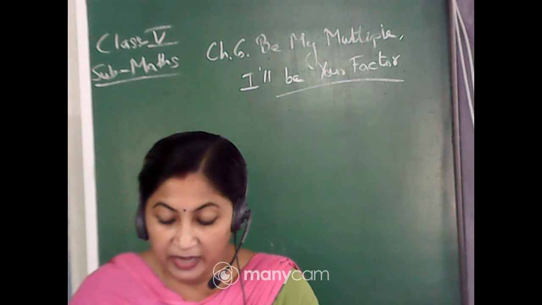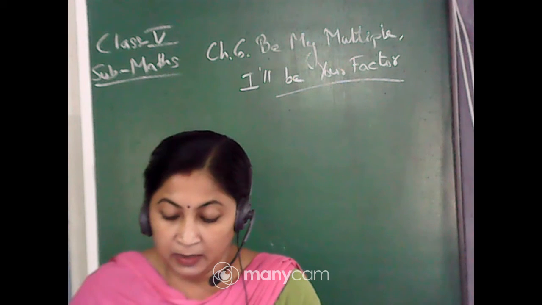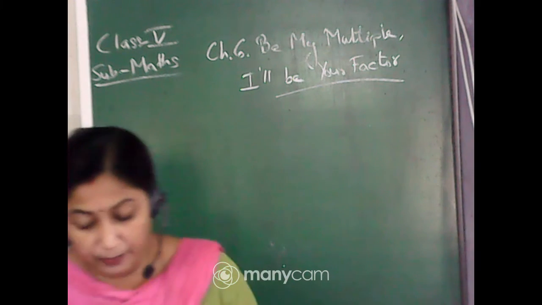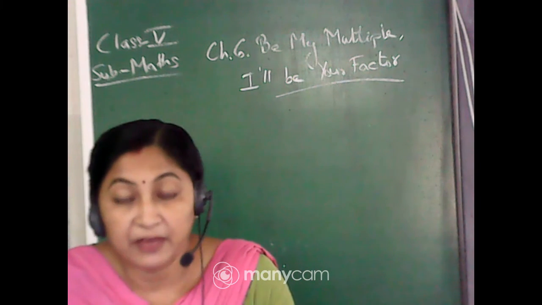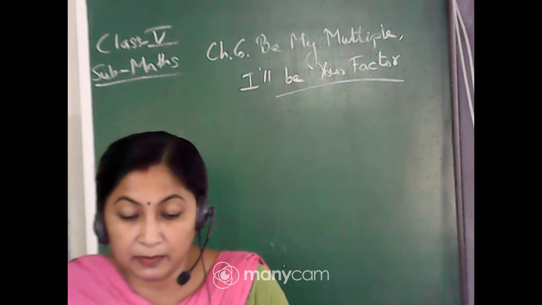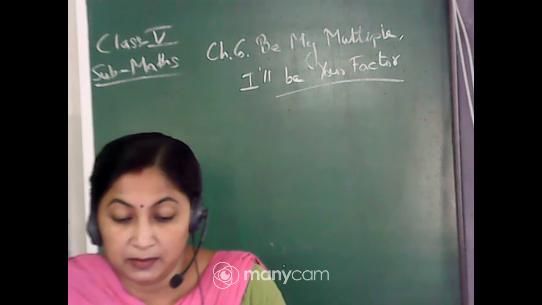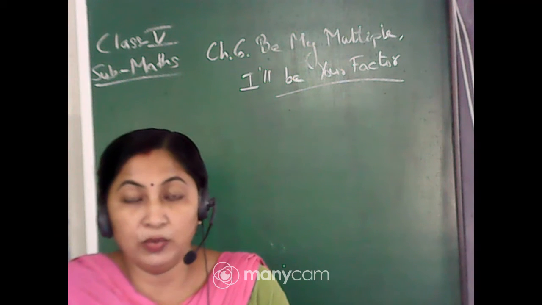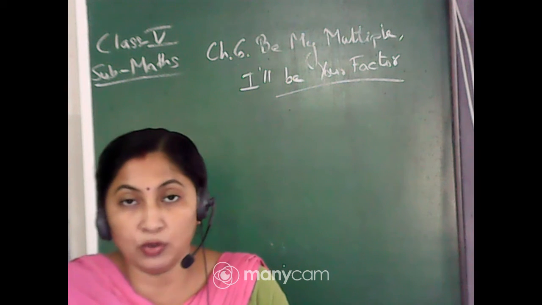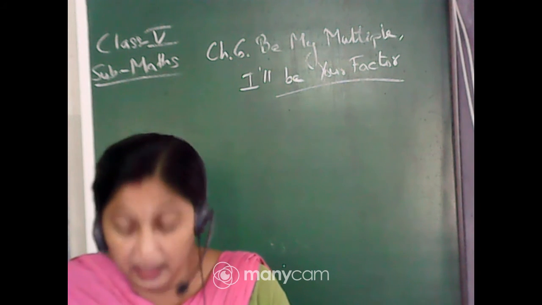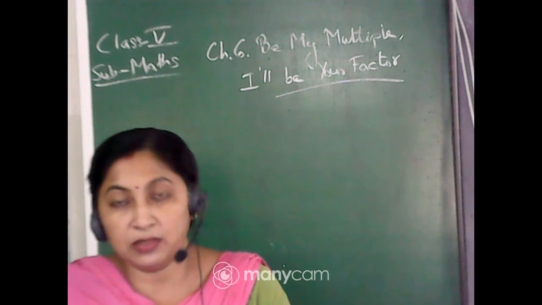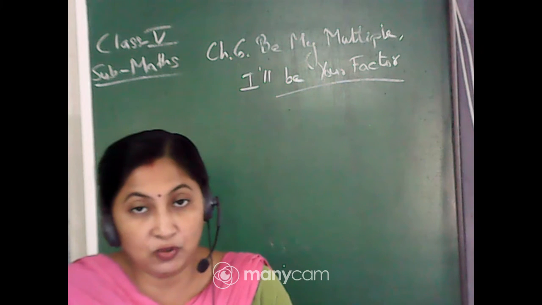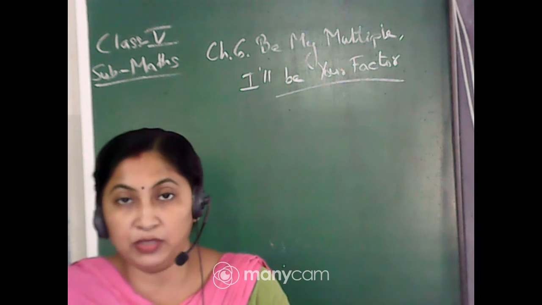You have to break it. How will you break? First, it is 12 into 1. Then 6 into 2, that means 6 columns and 2 rows, it will be 12. Then 2 columns and 6 rows, again it will be 12. So one will be 6 into 2 and the other will be 2 into 6.